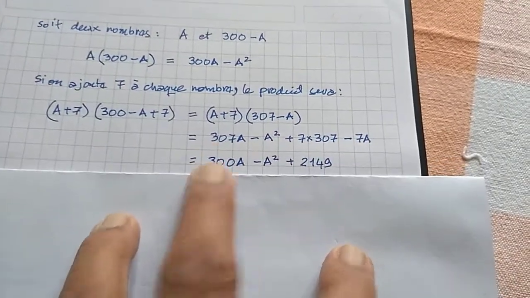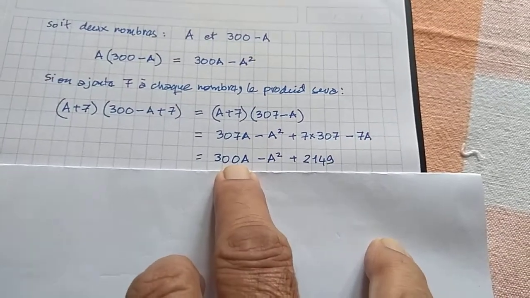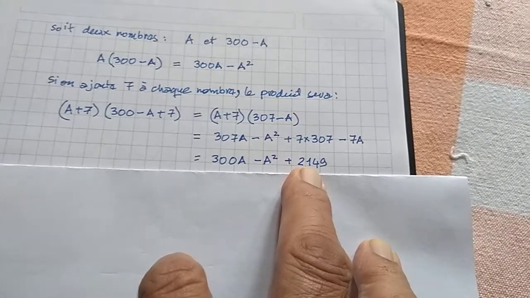So, here what can you see? 307A moins 7A, ça nous donne 300A, moins A carré, plus 2149.